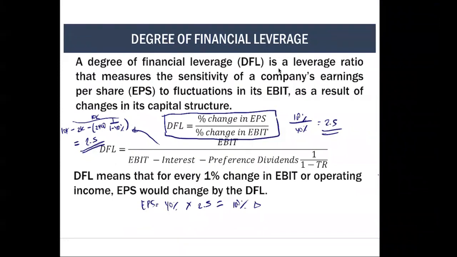How do we compute for the DFL? Percent change in EPS divided by percent change in EBIT, or EBIT divided by EBIT less interest less preference dividends multiplied by 1 less tax rate. Okay? Anyway, we already computed this one manually a while back. So whether you use that or you use this, we still have the same answer anyway.